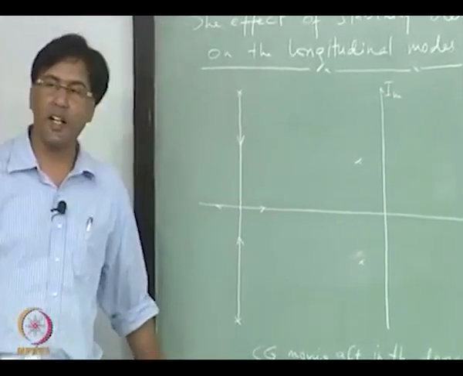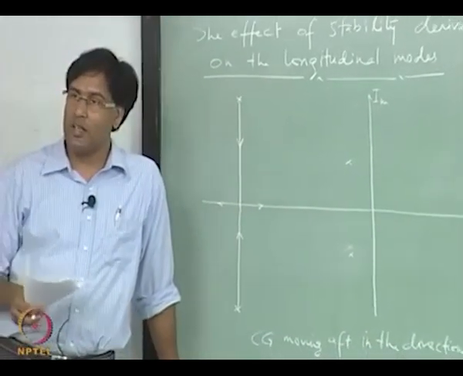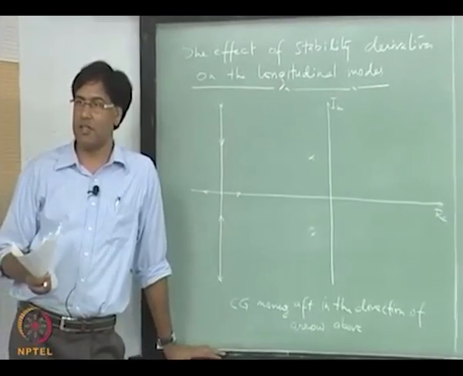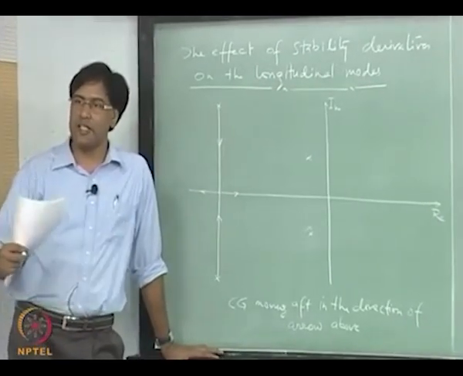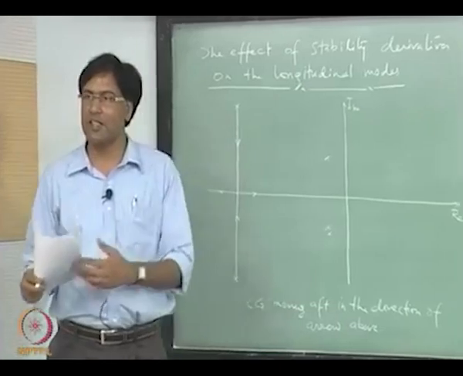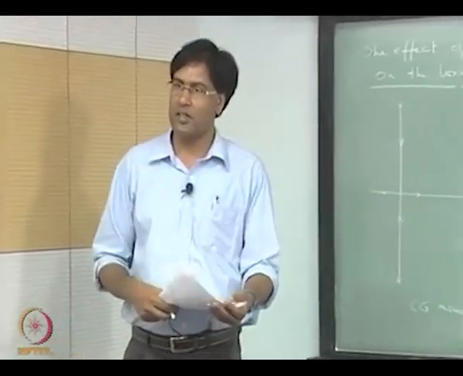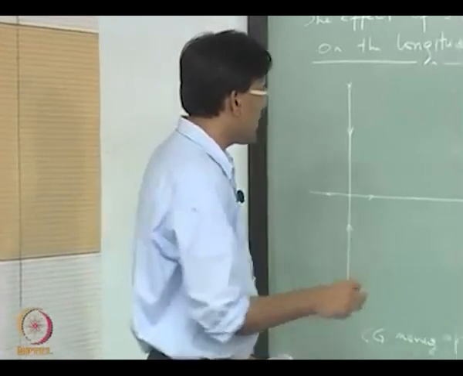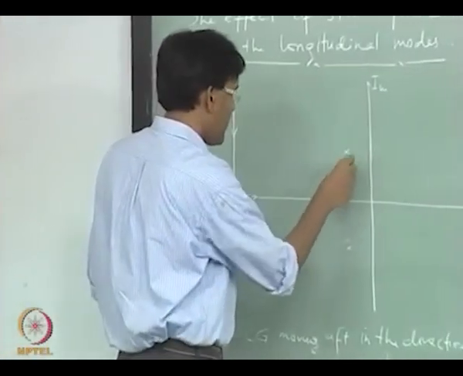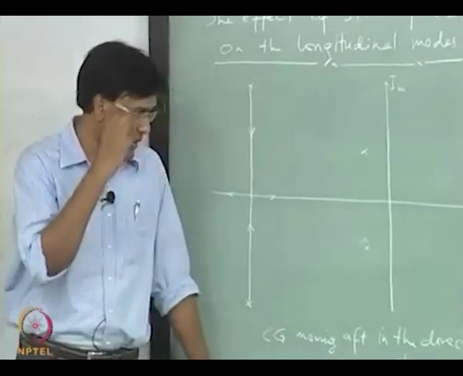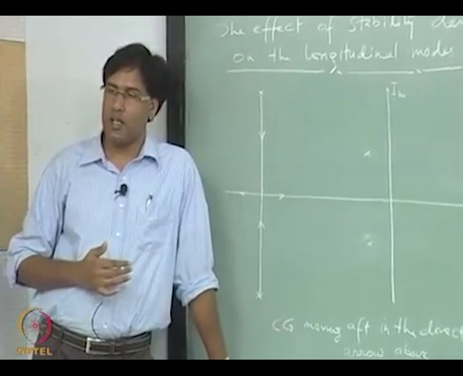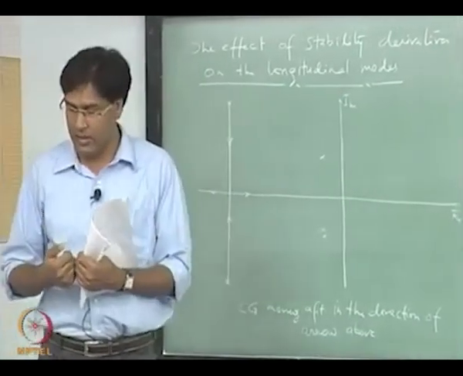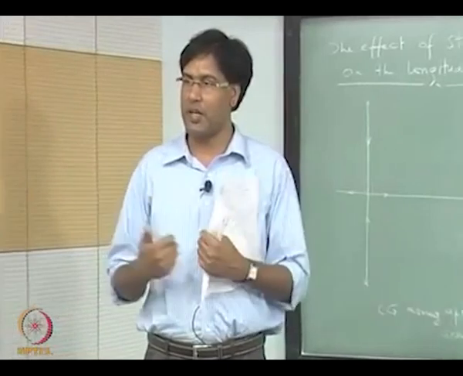Let us look at what is happening to the phugoid mode. Now, you will not expect the phugoid eigenvalues to change because of the Cm alpha term, but changing CG is also going to change something else. Or in other words, as I said, short period motion and the phugoid motion are coupled.